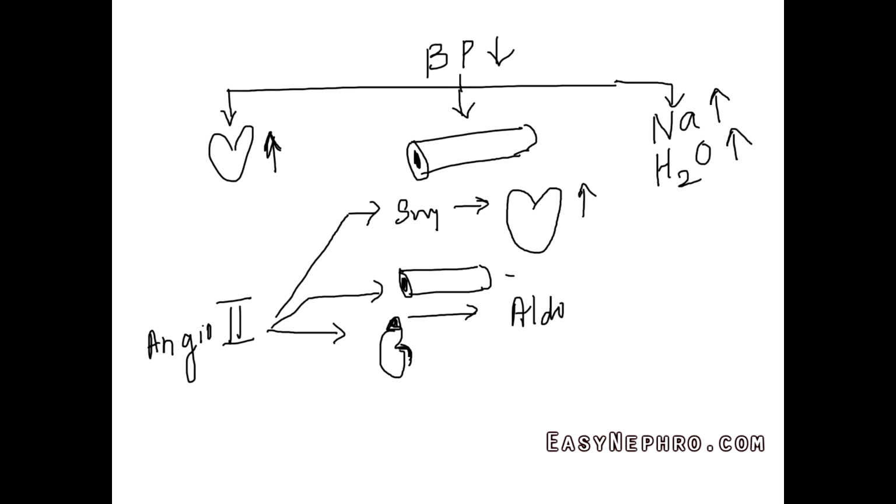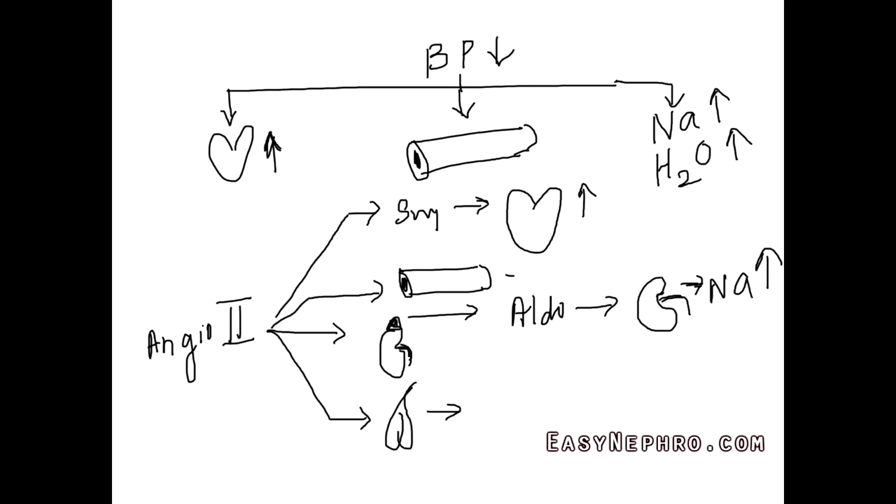aldosterone. And aldosterone goes to the kidneys, specifically the distal tubules, where the epithelial sodium channels are put in to cause more sodium reabsorption, which we will talk about more in the coming lectures. And then angiotensin 2 can stimulate the pituitary gland to release more ADH, or vasopressin, or antidiuretic hormone.